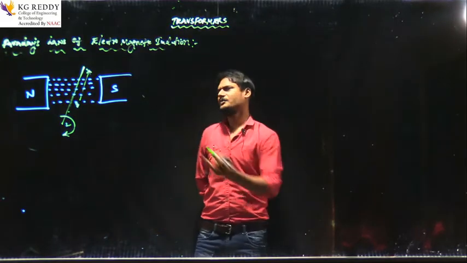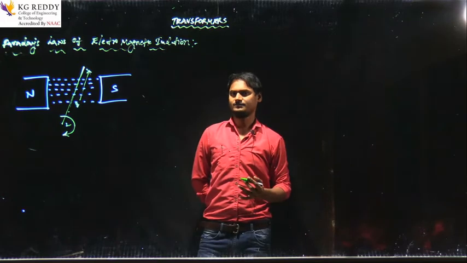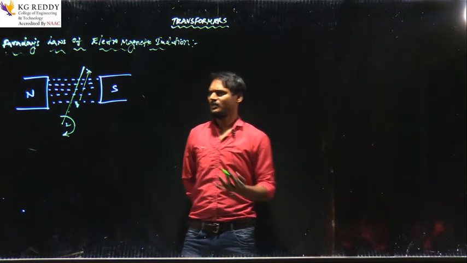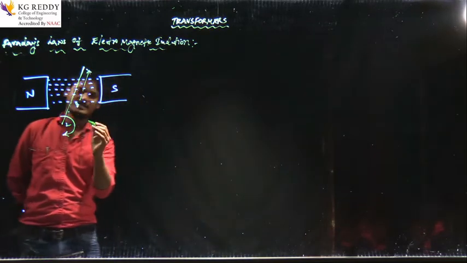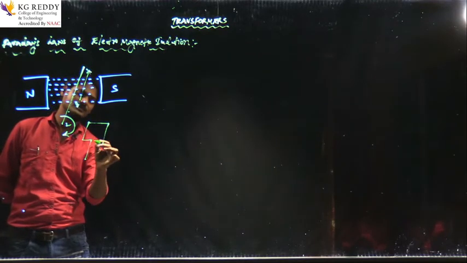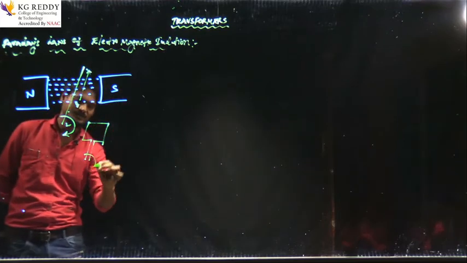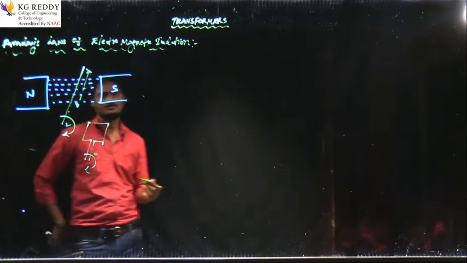Now you can see here, sir, with a single line you are representing a conductor. How can I understand? Instead of taking a single conductor, you just take a single turn and rotate this conductor. This is for assumption purposes.